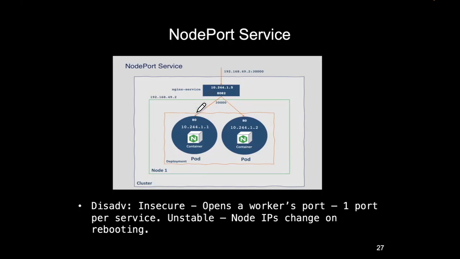And the way it works is, let's suppose we've got a deployment here consisting of two pods, and we've got a service. And in this case, the service is of type node port.